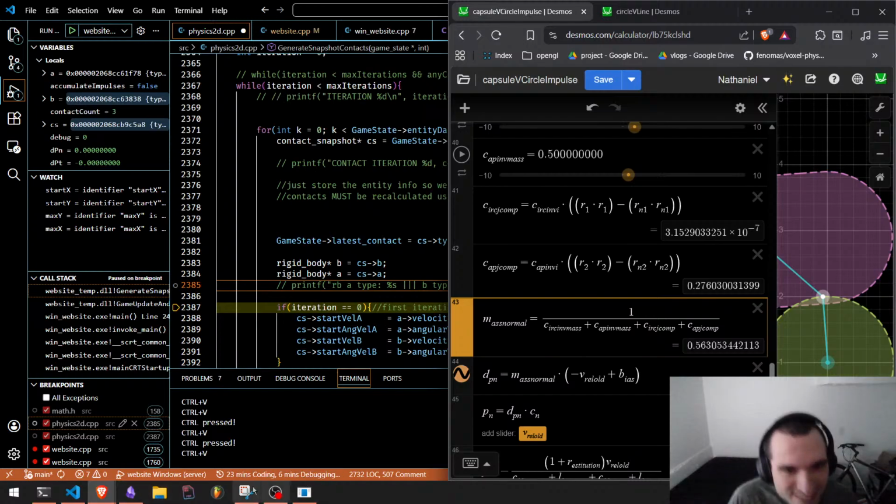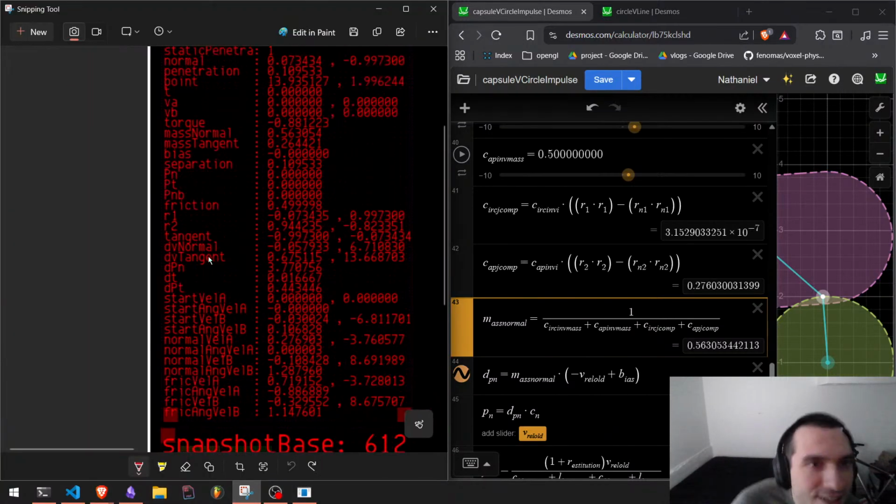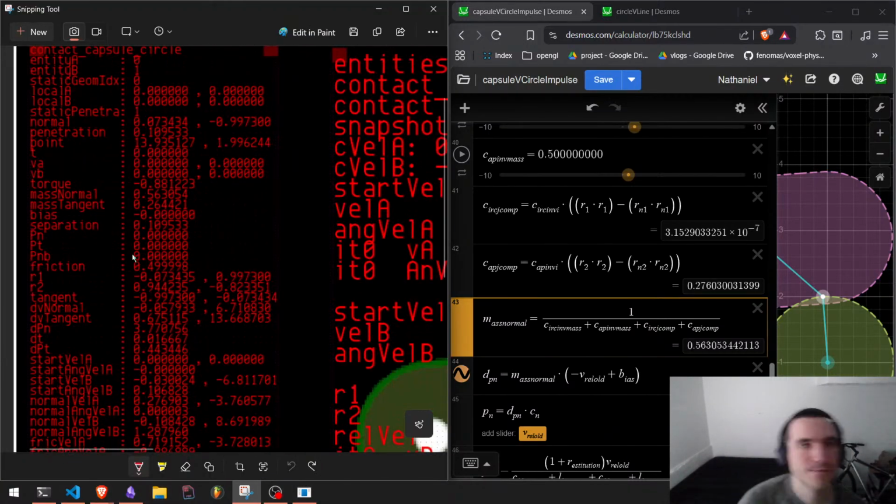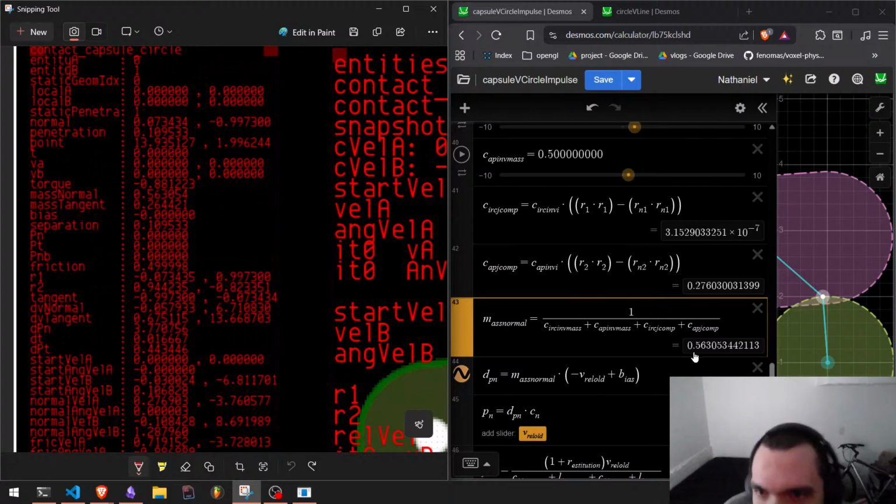Let's see if that's the same in our debugger. So you see the mass normal here, 0.563054. And that is basically what we have here. Just a little bit off, but that's fine. It's like the 6th decimal place that there's a difference, so that doesn't matter too much.